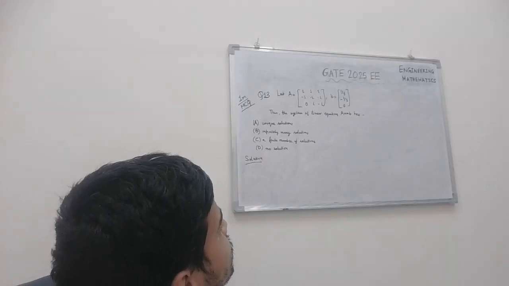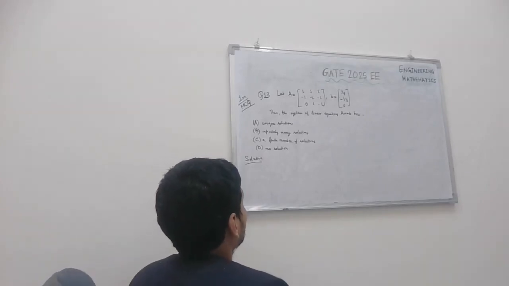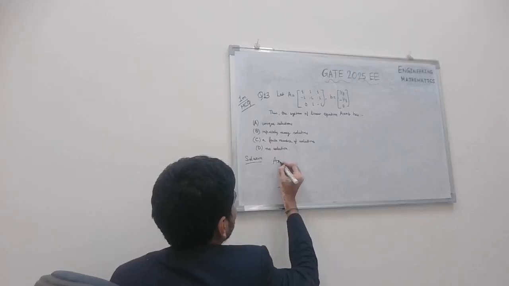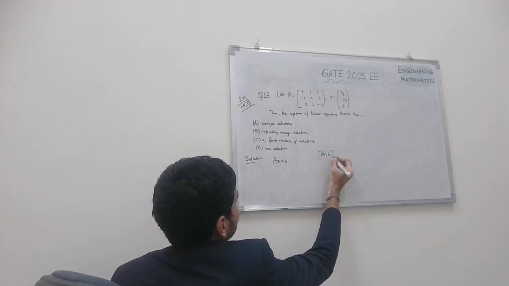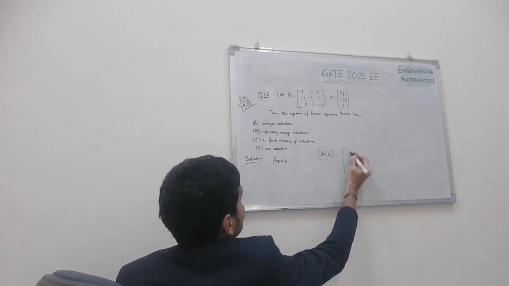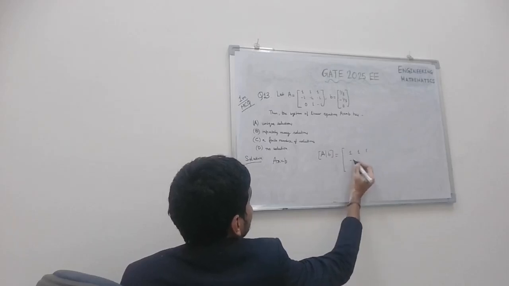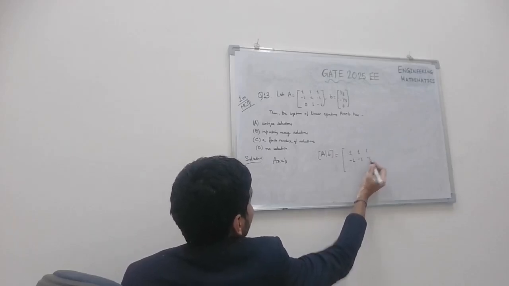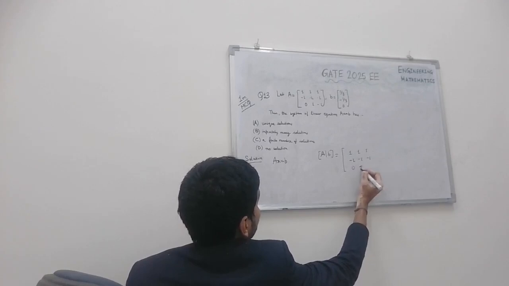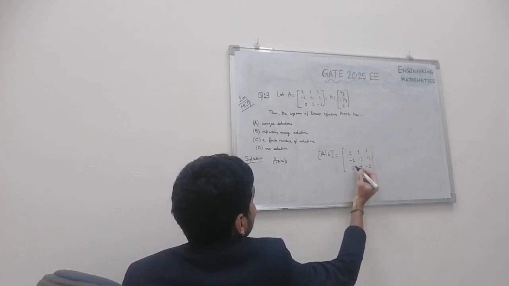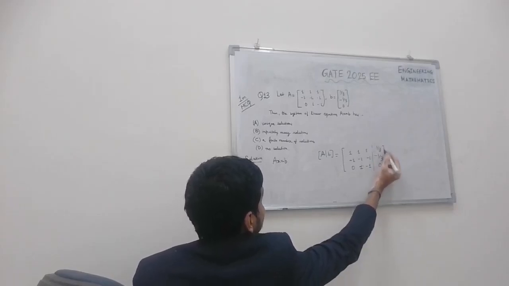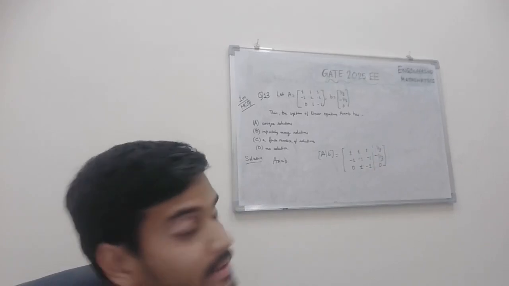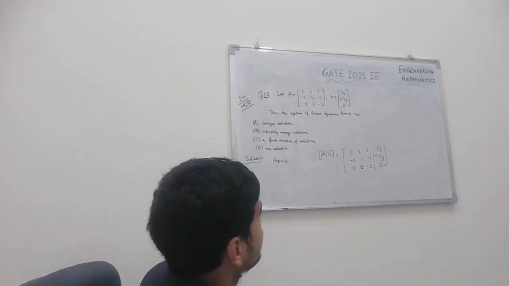let's write down the matrix, or we can also write the augmented matrix. This is the method of writing the operation.